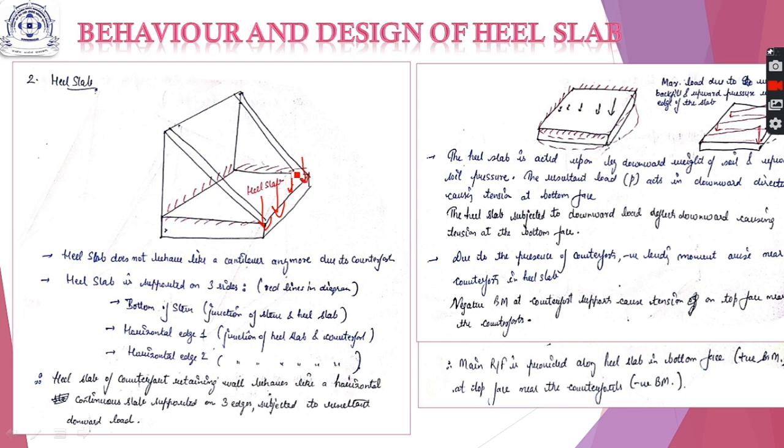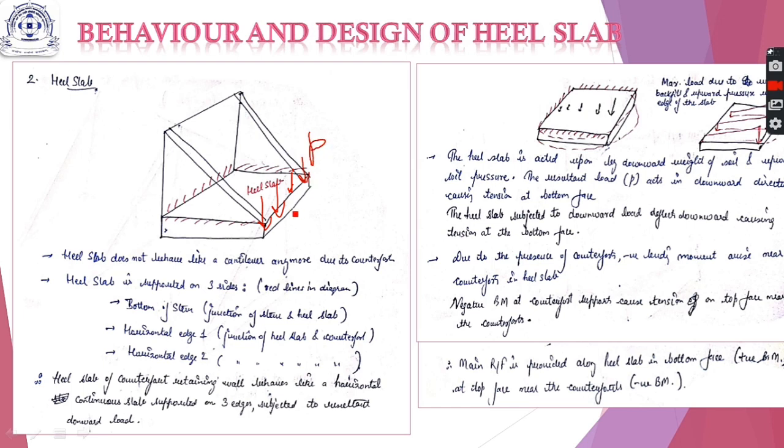This free edge is acted upon by the net downward force, which is due to the downward weight of soil and the upward soil pressure. This is the resultant load. So this will be the maximum force. I call it P.